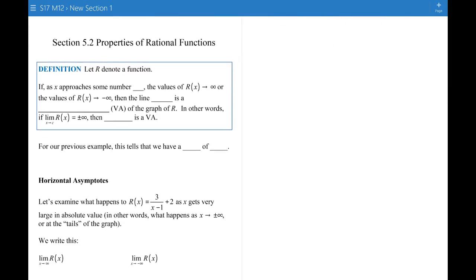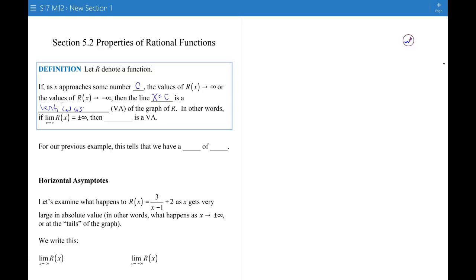Okay, so as x approaches some number, let's give it a name. Use the same one as your book. If it approaches some number c, the values of the rational function, if they go to negative infinity or infinity, then the line x equals c is a vertical asymptote.